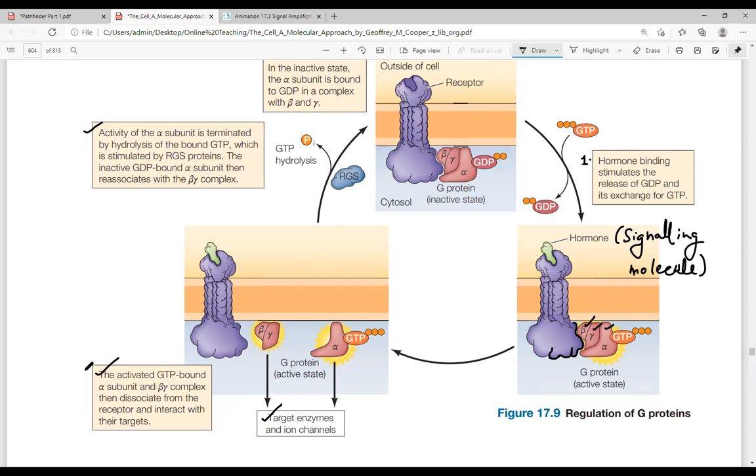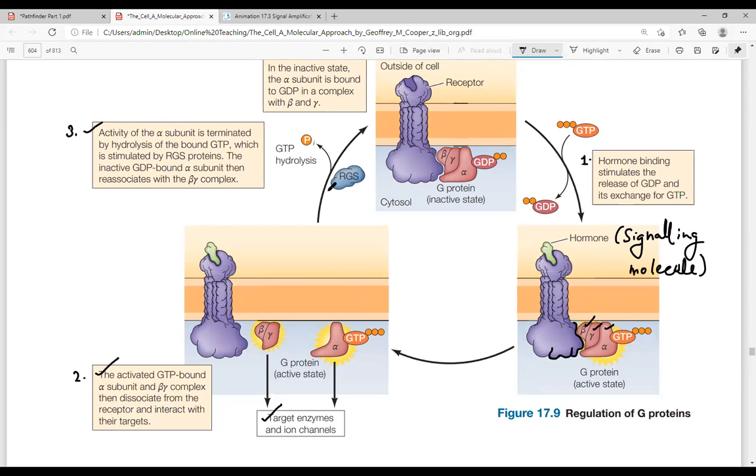Second step: the activated GTP bound alpha subunit and beta gamma complex dissociate and interact with their target molecules. Activity of the alpha subunit is terminated by hydrolysis of the bound GTP molecule, stimulated by RGS protein. The inactive GDP bound alpha subunit then reassociates with the beta gamma subunit, preparing it for another round of the cell signaling pathway.